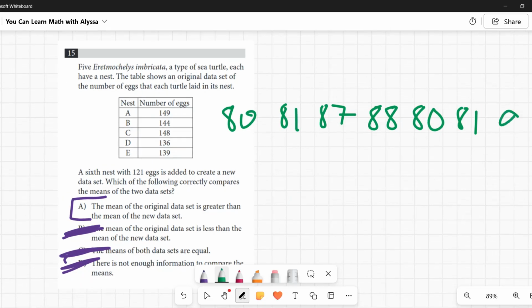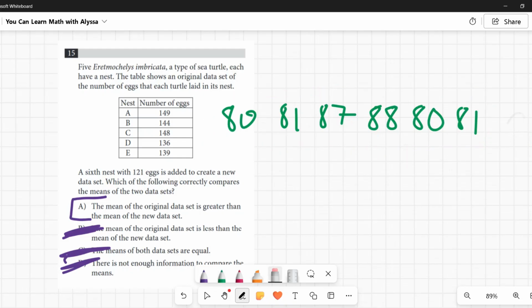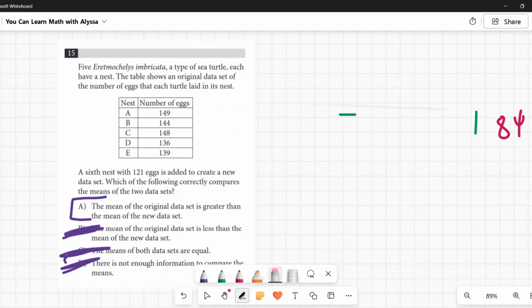If I then got a 90, the fact that it's outside of that range, bigger than any of them, means my average is going to go up, always. If I got a 70, the average is going to go down because it's lower than any in there. If it was in the middle, like an 84, I might go, that's kind of hard to tell with that many numbers. I'm going to have to do the math.